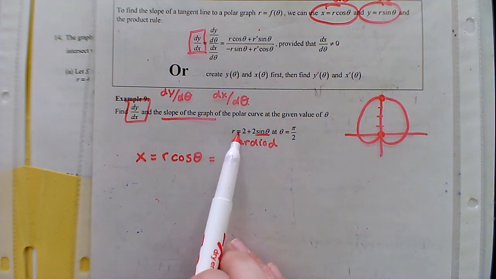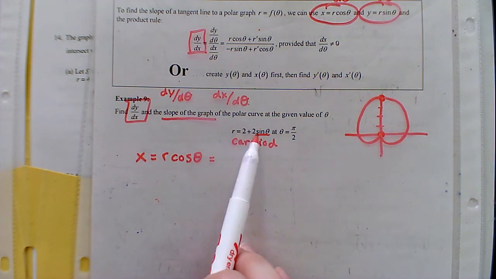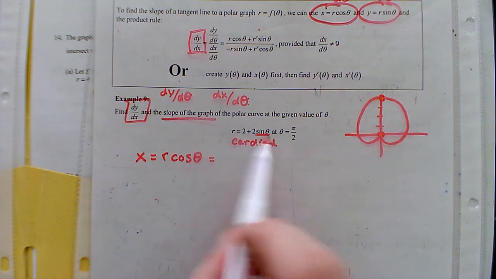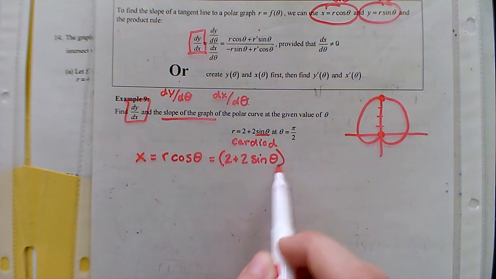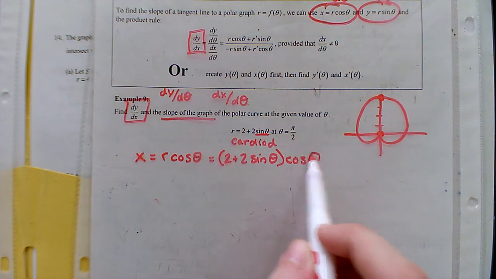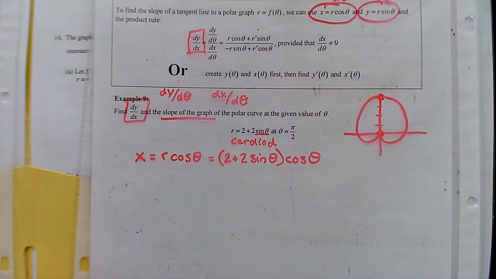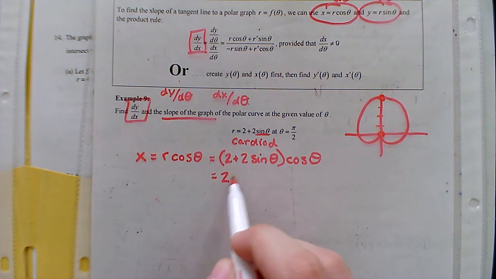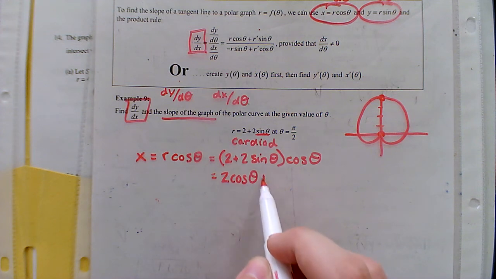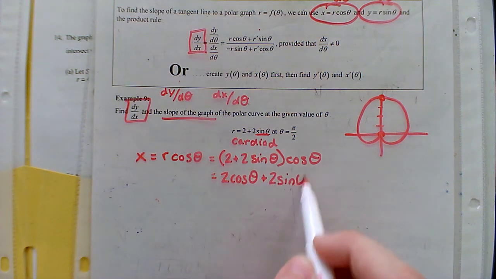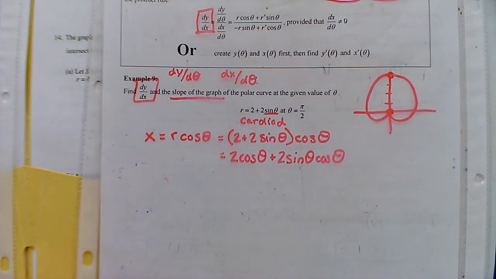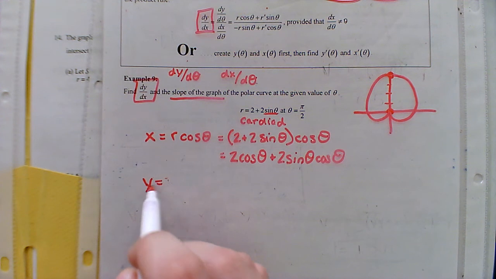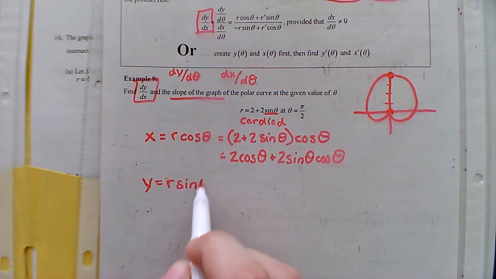Isn't r, the radius, that polar curve they give us? So instead of this r, we'll just replace it with that 2 plus 2 sine theta they give us. But we have to multiply that by cosine. So maybe we'll go ahead and distribute in that cosine. All right, let's do the same thing for the y equation. y was r times sine.